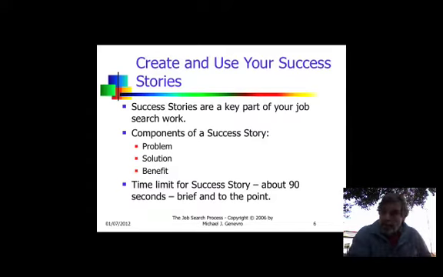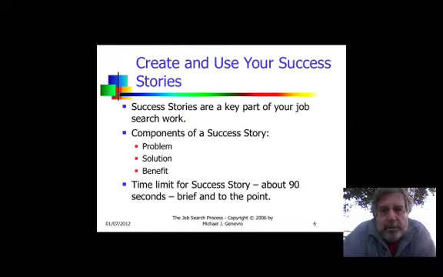And at ProMatch, which is the professional networking group in the Silicon Valley out of the Connect Center in Sunnyvale, they talk about problem, solution, result, PSRs, PSR stories. I decided to take the marketing term success stories, and in my adaptation of what ProMatch did, I talk about problem, solution, and benefit. And I emphasize benefit.